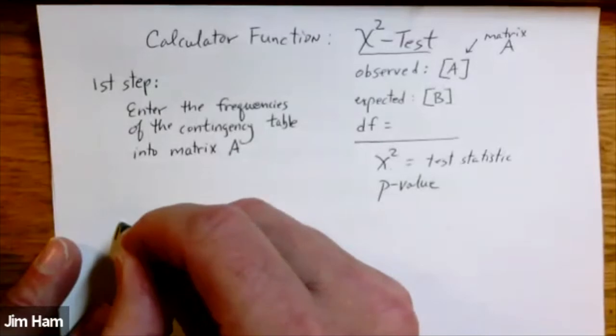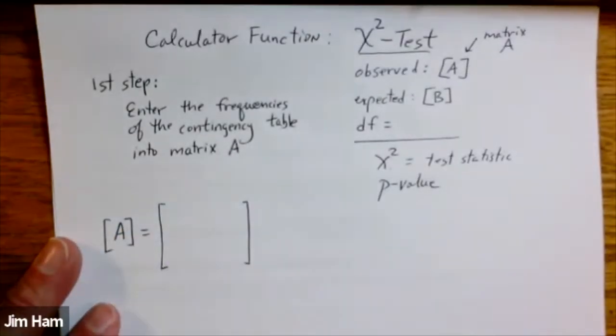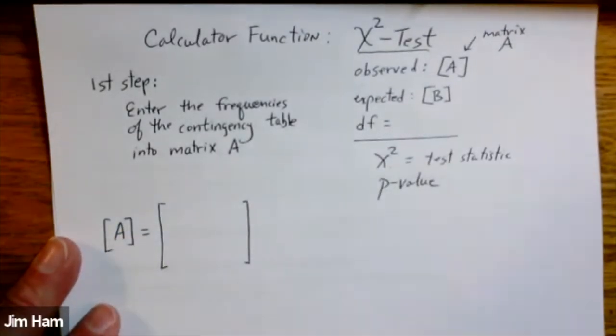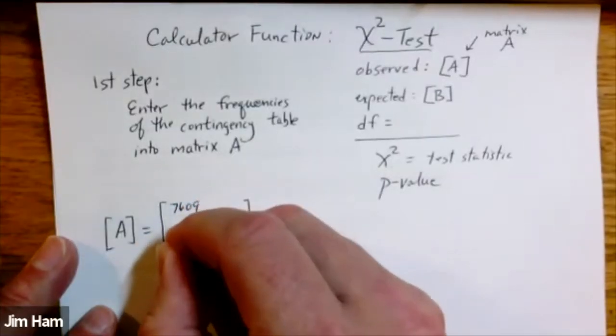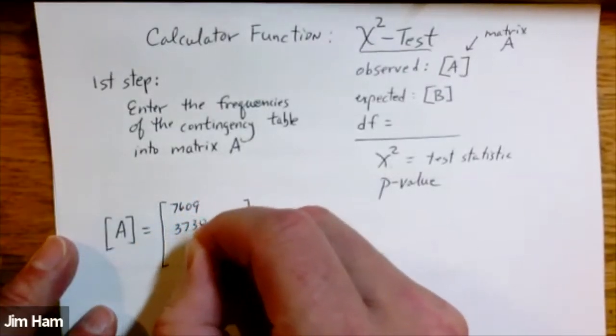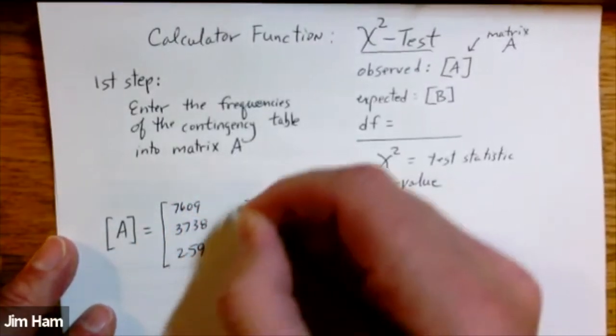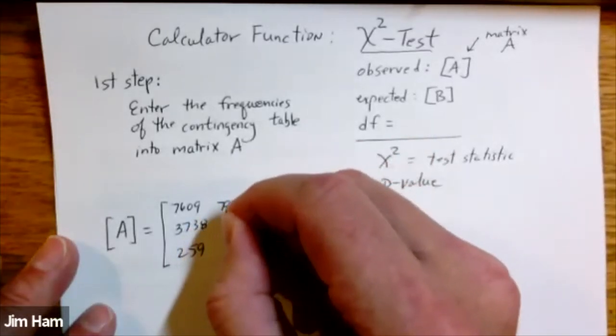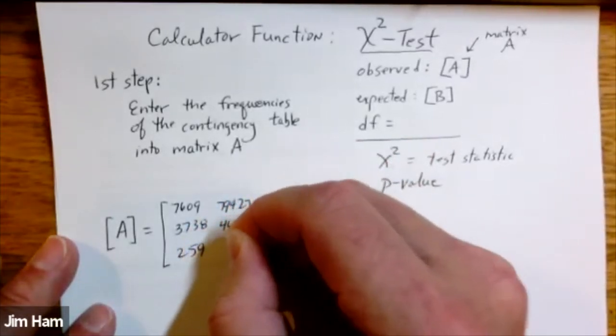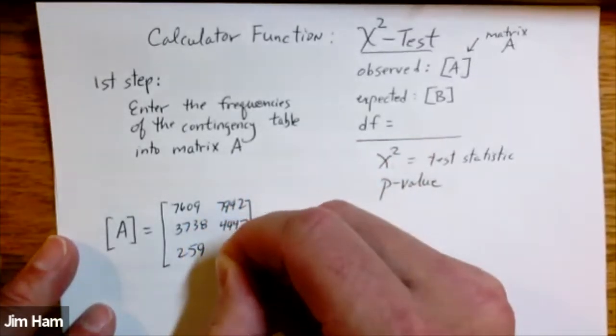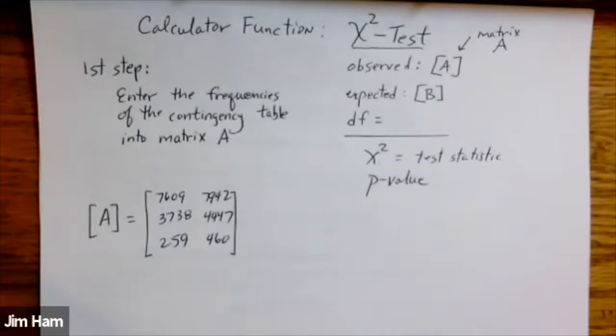So here is our matrix A in our problem. I'm just going to go back to this one here and write down those numbers. 7609, 3738, 259, 7942, 4447, and 460.